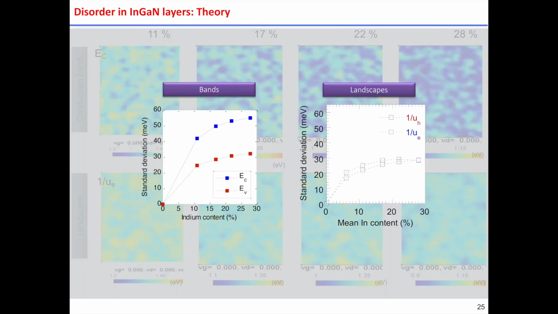And if you look at the overall result, you find that as a function of indium composition, the fluctuations of EC and EV are quite big, of the order of 30 to 50 millielectron volts. And when you look at the fluctuations of 1 over UH and 1 over UE, for electron and holes, you see that they are quite smaller, just around 30 millielectron volts, again due to the smoothing by quantum confinement and quantum tunneling.